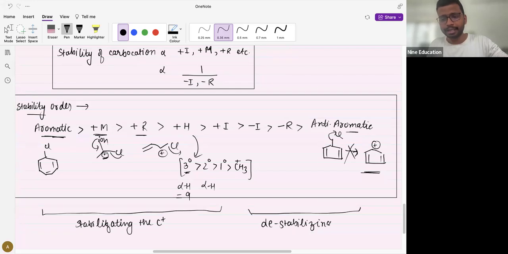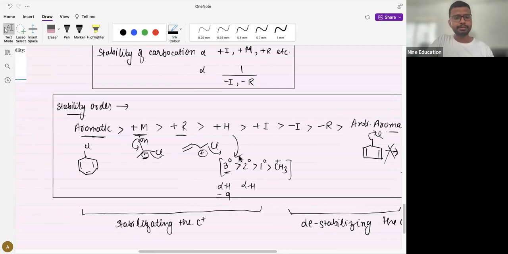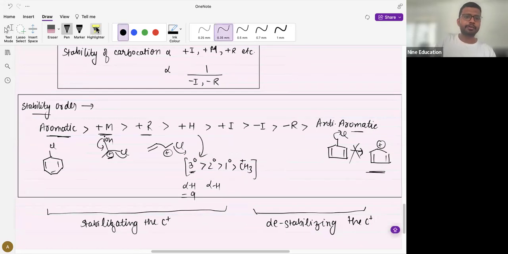These are taking money from the beggar, the carbocation which is a beggar. Understanding, beta? So these are destabilizing the carbocation, and this is the stability order of carbocation.